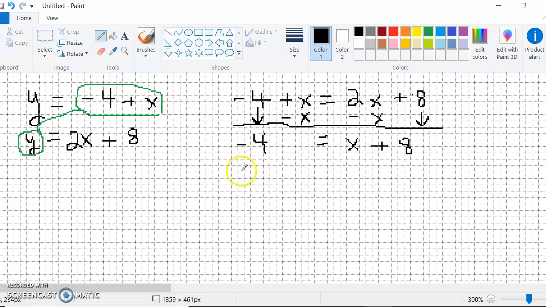Okay, so we know what to do. -8 here, -8 here. And so now I know that I have -12 is equal to x.